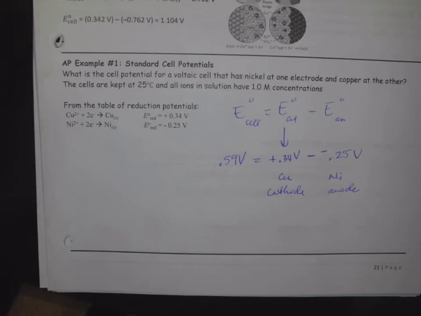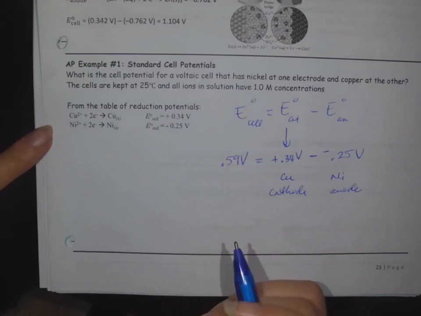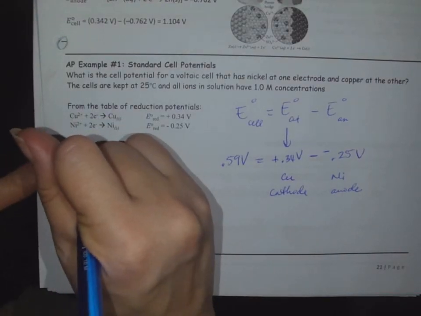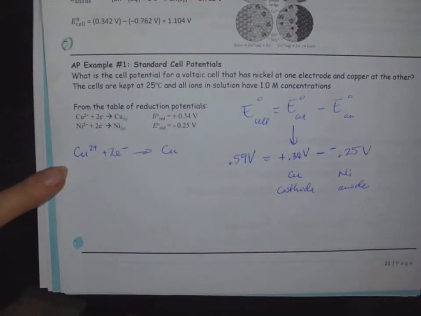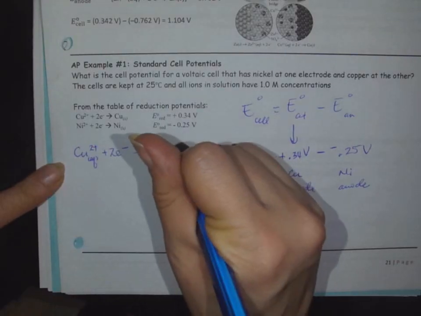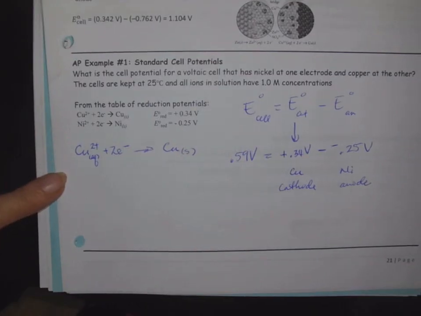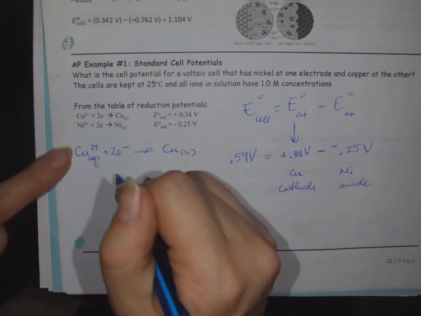What I need you to know, though, is it doesn't matter what the multiplier is on these reactions at all. We know that the cathode, so this copper, Cu2+ plus 2 electrons, gives Cu solid. So there's my reduction half reaction, okay? Aqueous and solid. If I'm going to take my reduction half reaction and add it to my oxidation half reaction, this is currently reducing, right? It's gaining electrons, so we have to do the opposite of that.